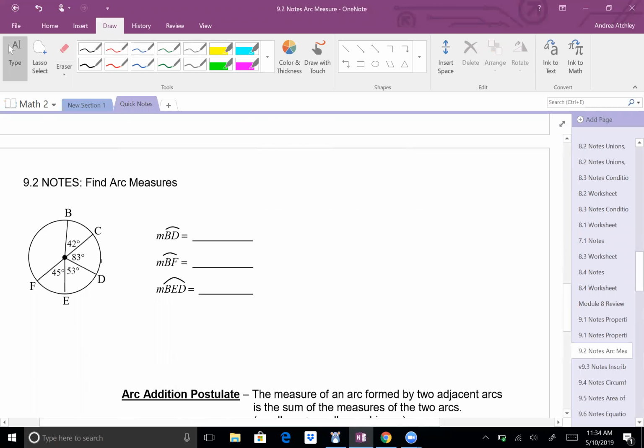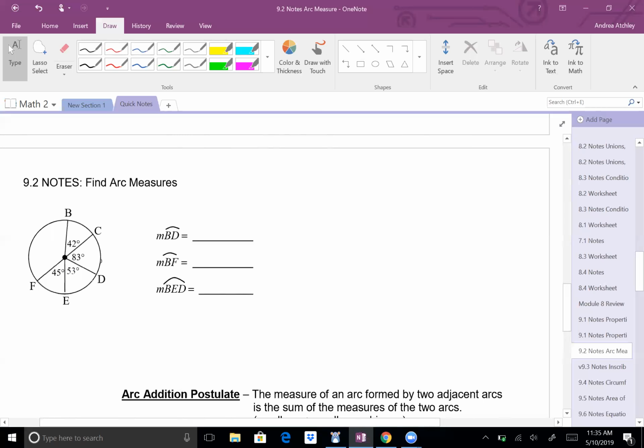Let's look at the next one. Okay, I want to tell you that there are no diameters here. Even though it looks like a diameter, it is not. Unless you can prove that it adds to 180, none of these are diameters. So don't add and subtract from 180.